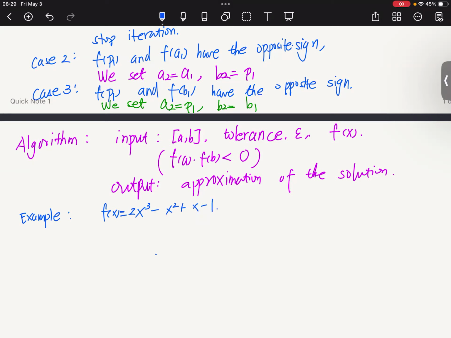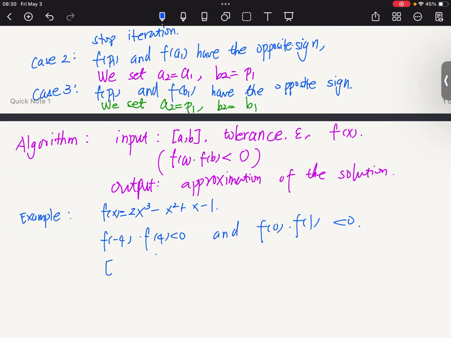And if you test two intervals, it could be f(-4) times f(4) is smaller than 0, and f(0) times f(1) is smaller than 0. Which one would you choose to be your input A and B here? Actually, I would choose the latter one.